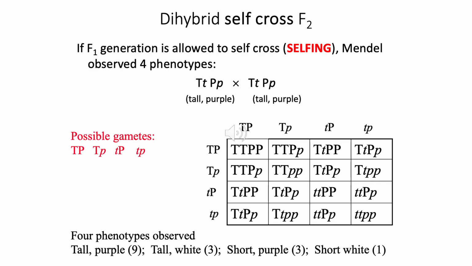Similar to monohybrid, for the F2 generation we assume self-crossing of the F1 to produce the F2 generation.